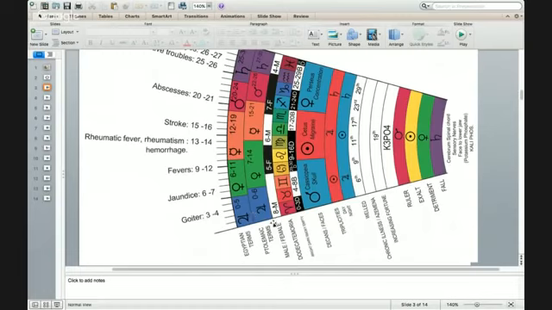So, for instance, the first 6 degrees of Aries are ruled by Jupiter. Then the next 8 degrees are ruled by Venus. Then Mercury, then Mars, and then Saturn. So you'll see that the 5 planets have rulerships in terms. The terms are never equal.